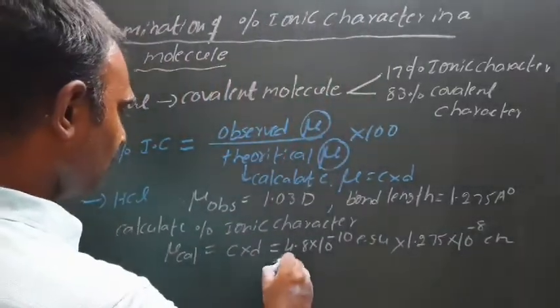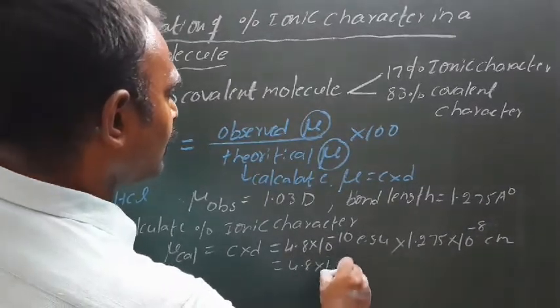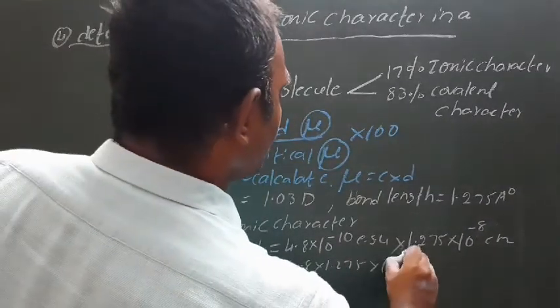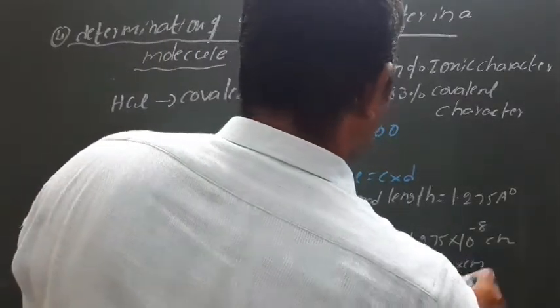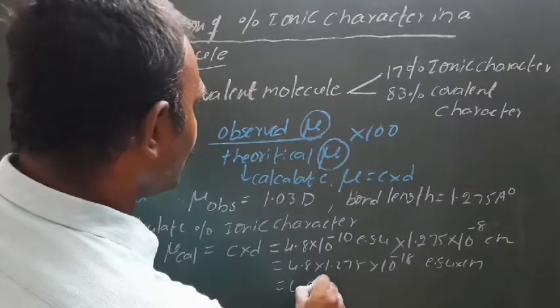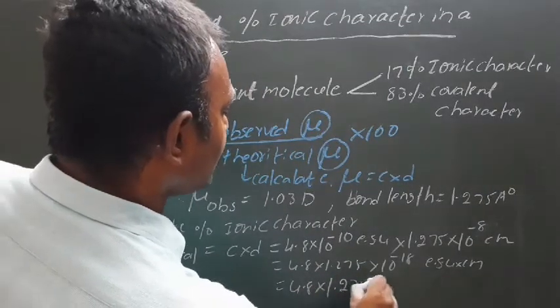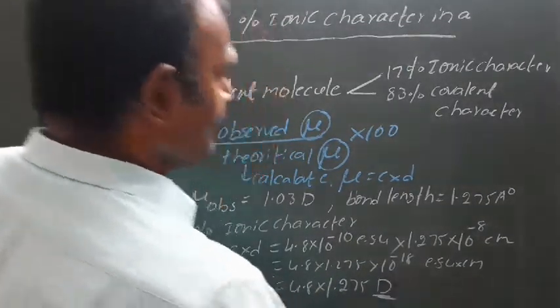So approximately we will get 4.8 into 1.275 into 10 power minus 18 ESU centimeter.